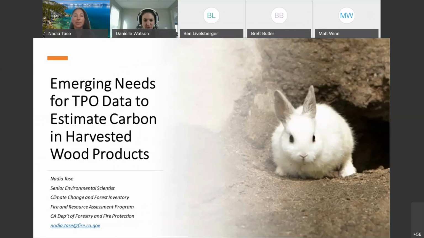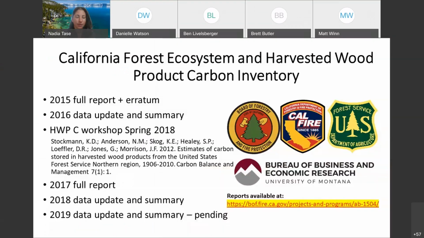All right. So I'm Nadia Tace. I work for CAL FIRE in the Fire and Resource Assessment Program, and I'll be presenting to you today on how we've been using TPO data to look at carbon and harvested wood products. Currently our forest ecosystem portion of the inventory is handled through the PNW research station based on the FIA data.